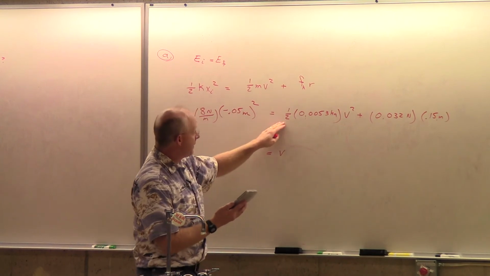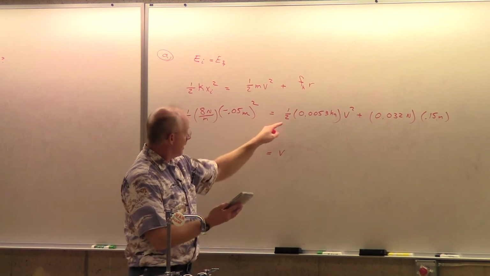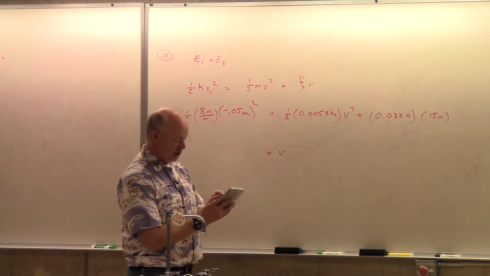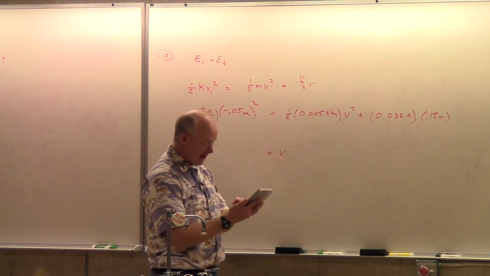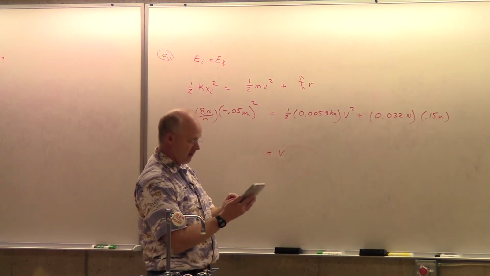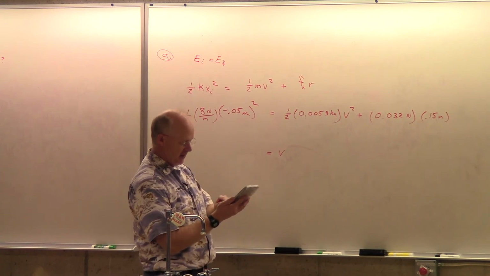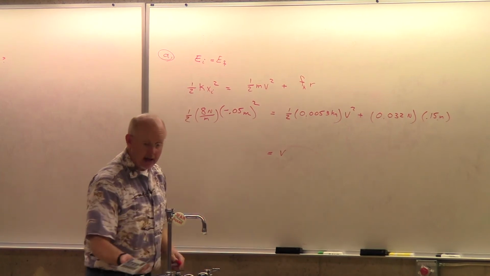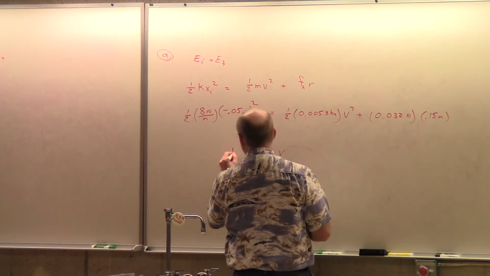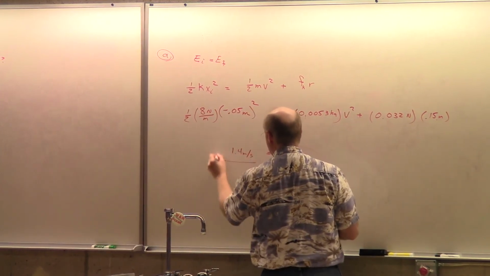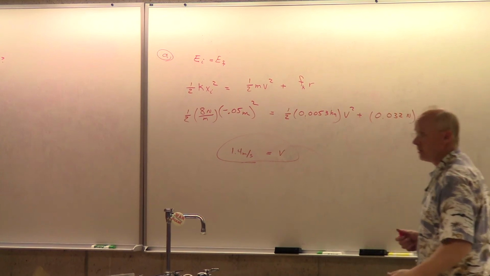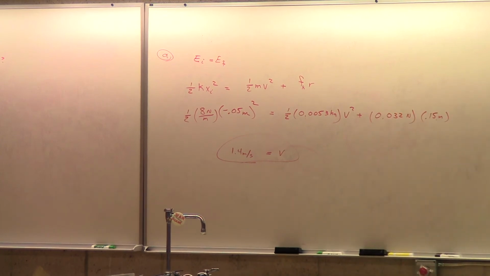Okay, then I guess I'll multiply by the 2 from this one, divide by the 0.0053, and now take the square root of all of that, and I get a 1.4. Hopefully you guys get the same, and then carrying my units through, it's 1.4 meters.